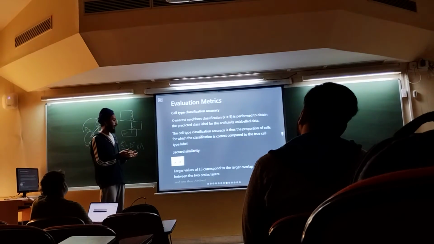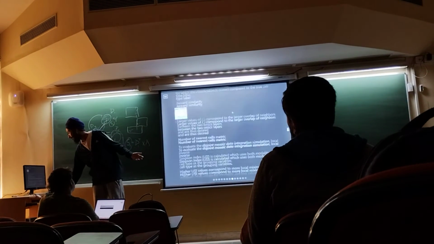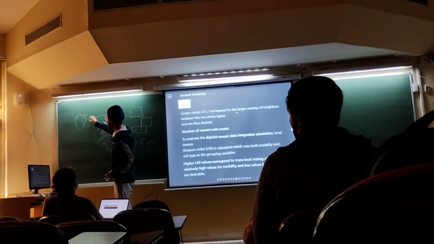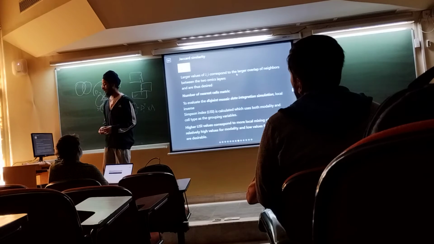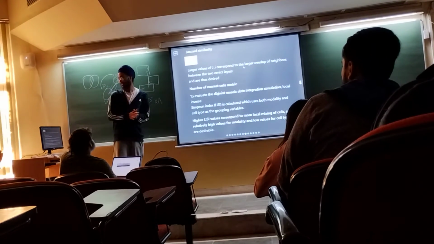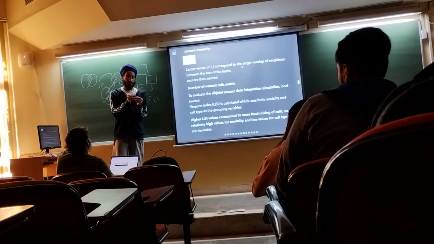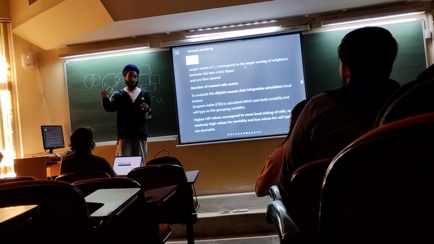Obviously, higher the better. Then secondly, Jaccard similarity, and Jaccard similarity, as you already know, for 2 Venn diagram type sets, is basically the ratio of intersection upon union. So higher the better, because it signifies that there is much more overlap of features. And thirdly, the number of nearest cell matrix, whether my own cluster cells are actually nearer to me than some other one.